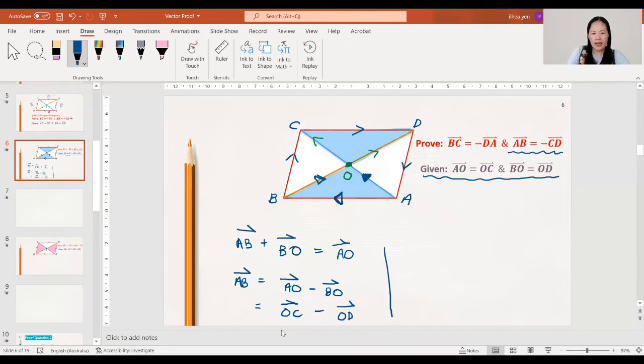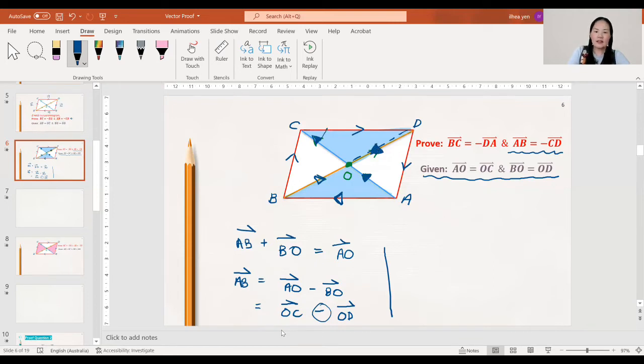Let's have a look at it carefully. Vector OC is here right now. And then vector OD is going this way, but it's got a negative, so it's going in the opposite direction right now. Okay, that looks all right.